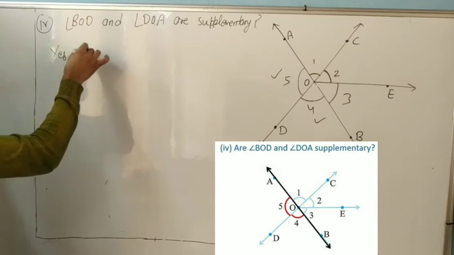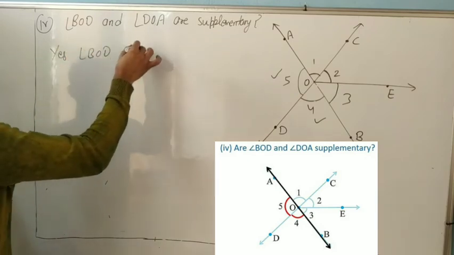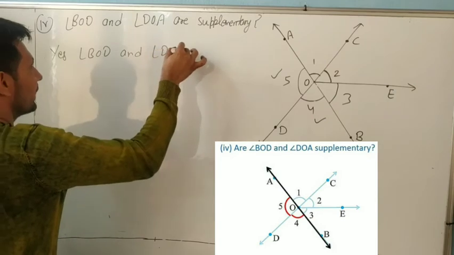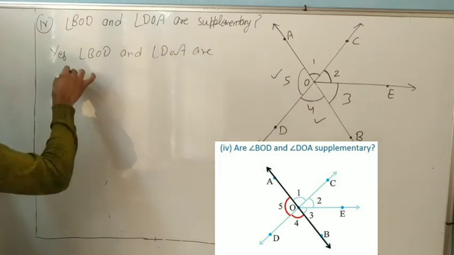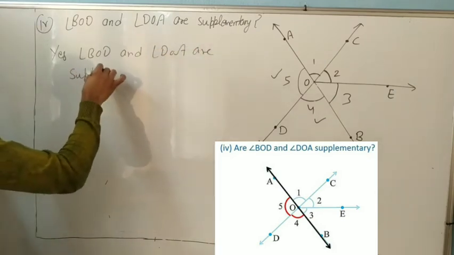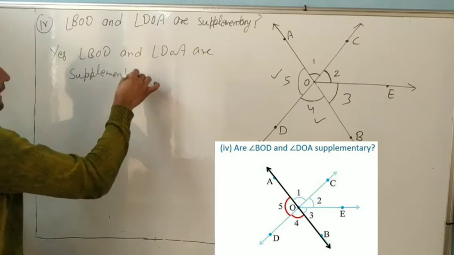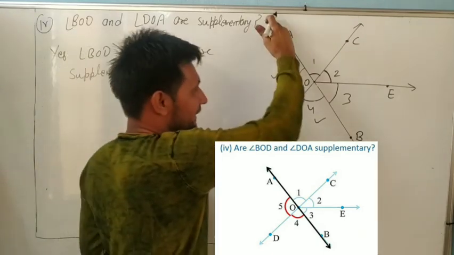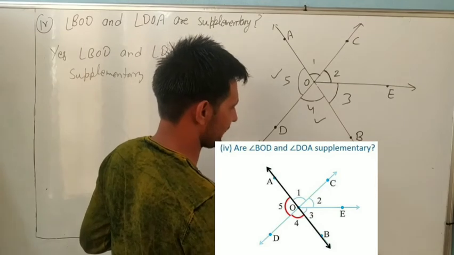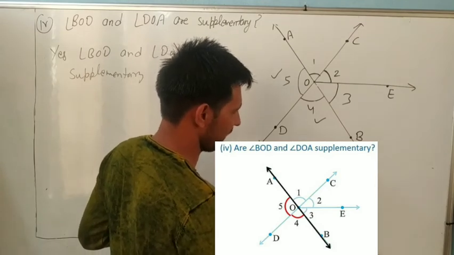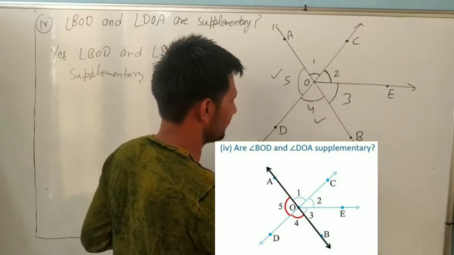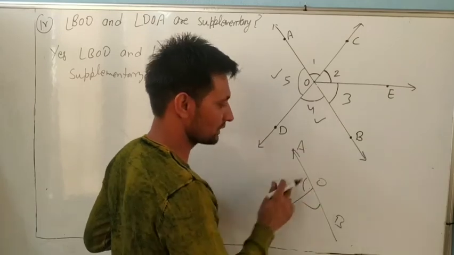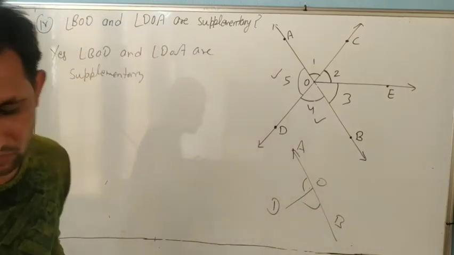Yes, angle BOD and angle DOA are supplementary. Supplementary means the sum is 180. It is a straight line. Look, it is O, it is D, it is B, it is A. Is the sum 180 or not? Yes. So please note it down.